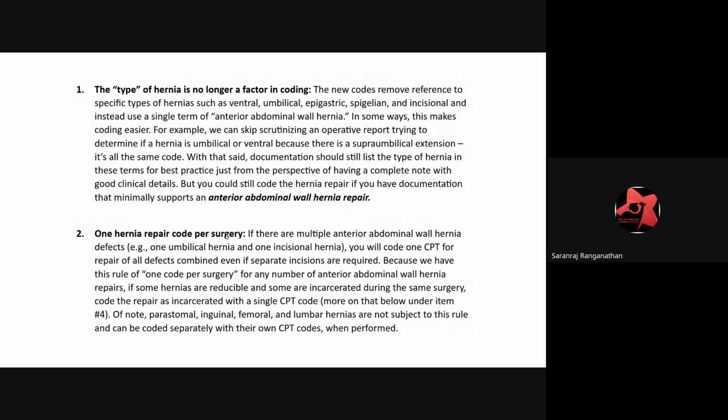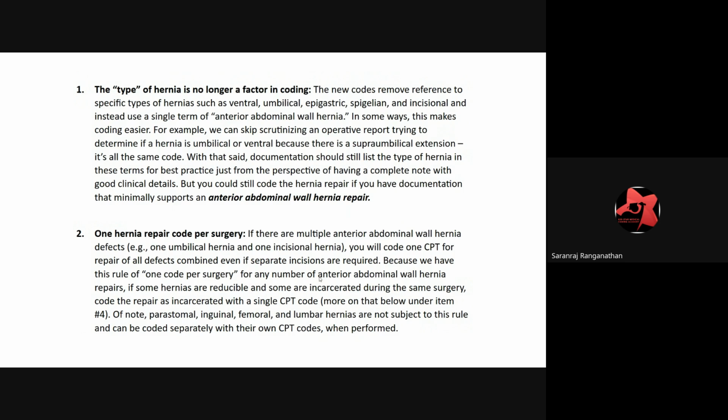Okay. Then next, one hernia repair code per surgery. If there are multiple anterior abdominal wall hernia defects, one umbilical hernia and one incisional hernia, you would code one CPT for repair of all the defects combined, even if separate incisions are required, because we have the rule of one code per surgery for any number of anterior abdominal wall hernia repairs.